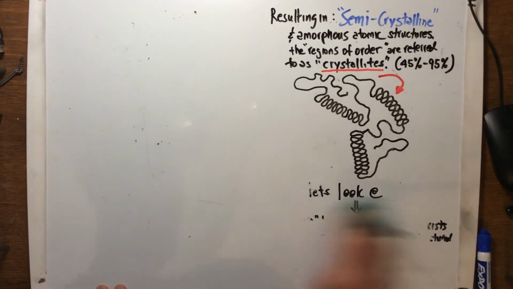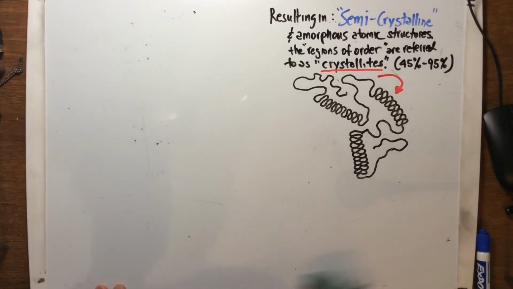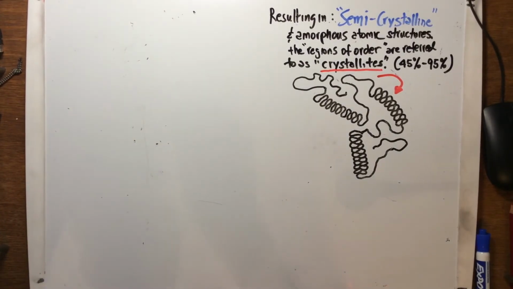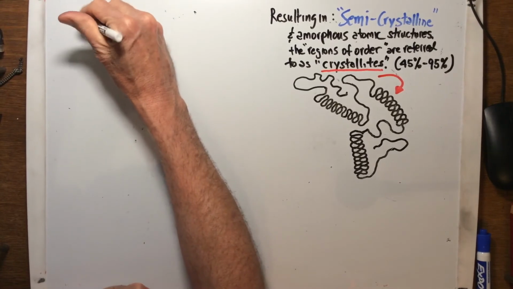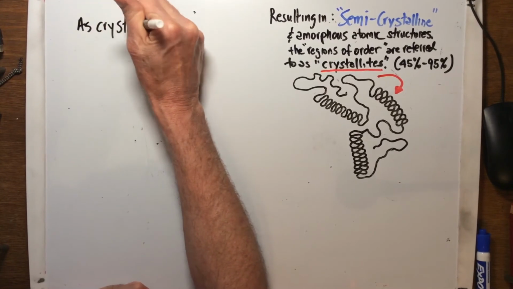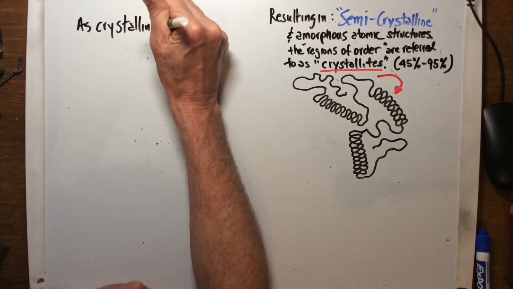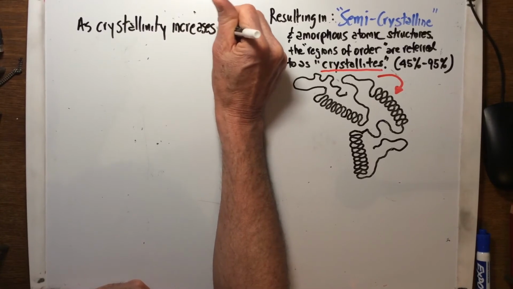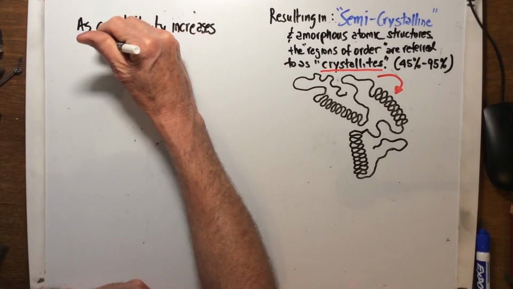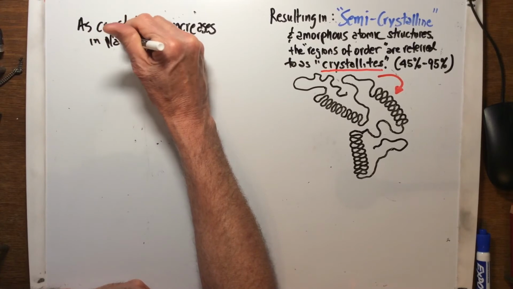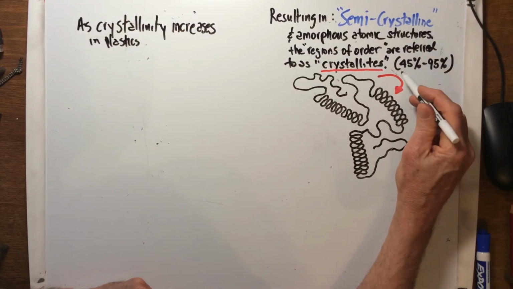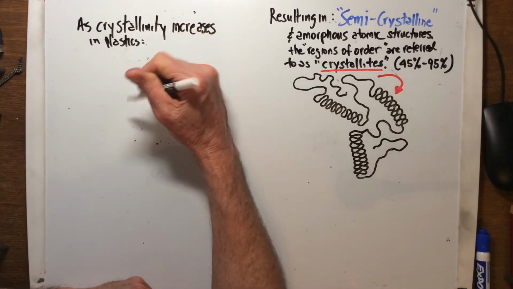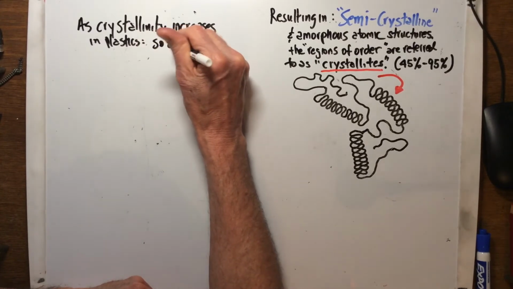So that's what I wanted to show you here. As crystallinity increases in plastics, in other words, this starts to get higher and higher, as they increase, so does the following.